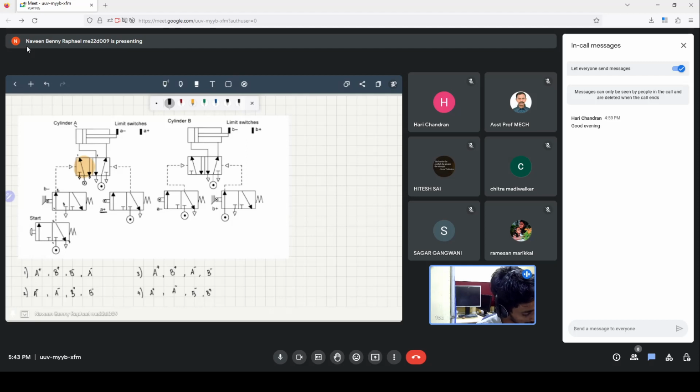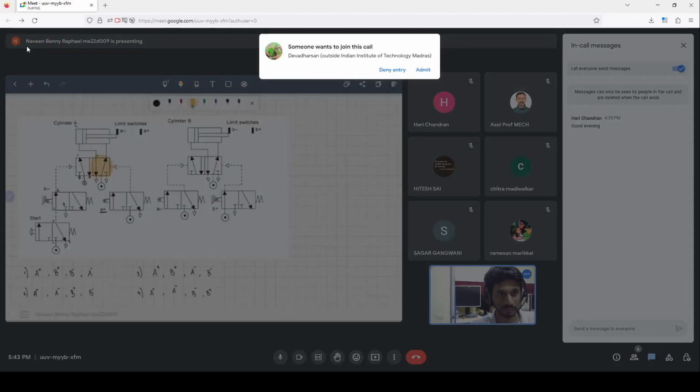So now, instead of this being activated, we have this activation, and that means the cylinder A gets retracted now.